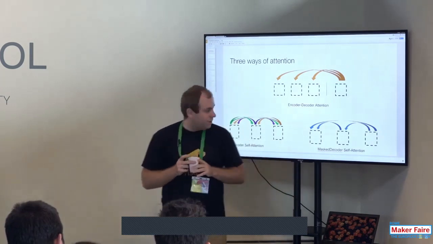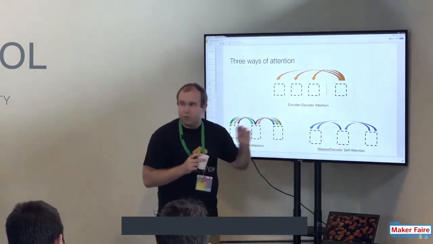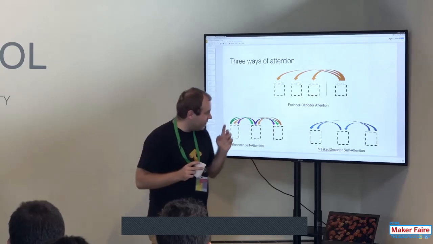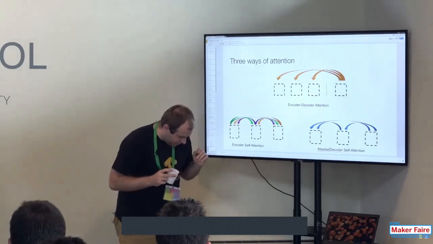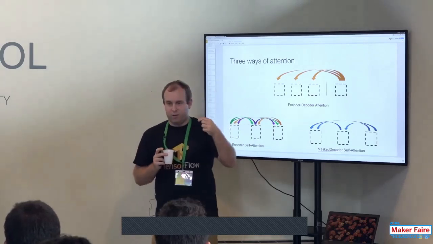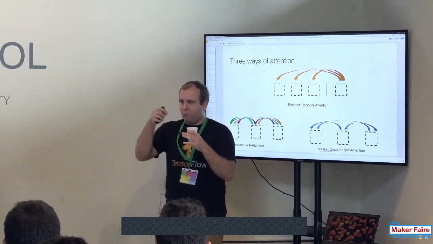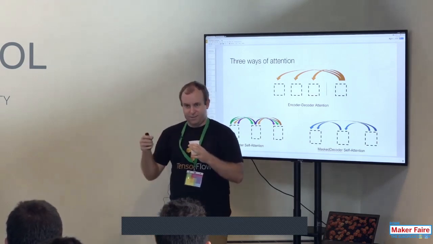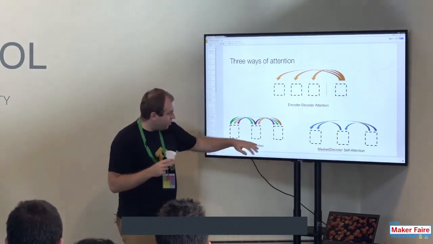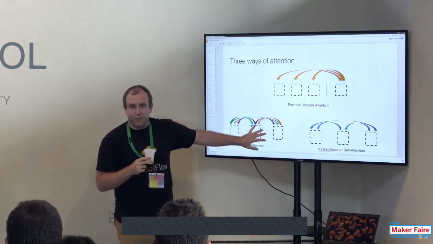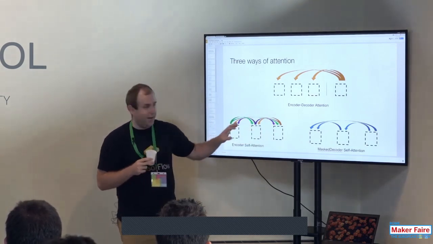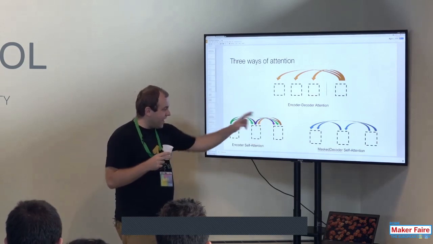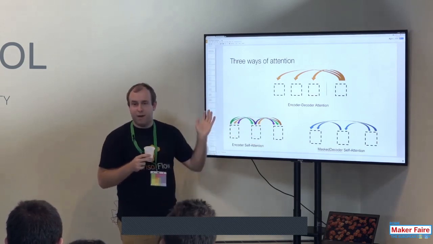I'm not sure if this is doing justice to that idea. So in a recurrent neural network, it's very clear that you go from one word to the next, right? In the more standard attention things that have been there for a while, you attend to everything there and back.